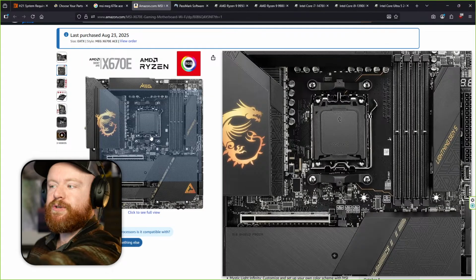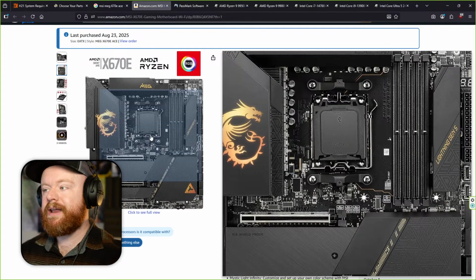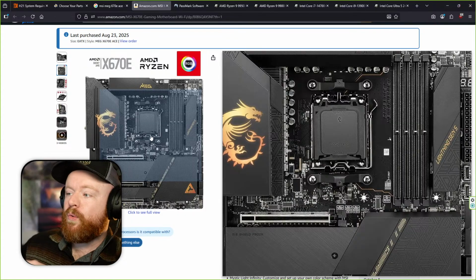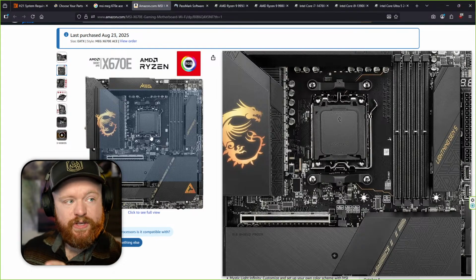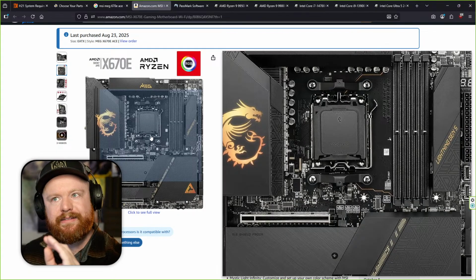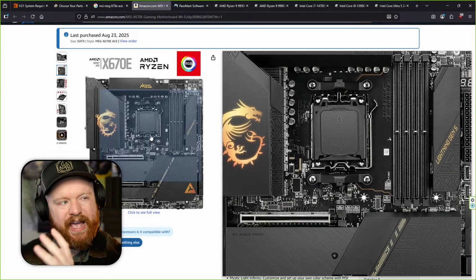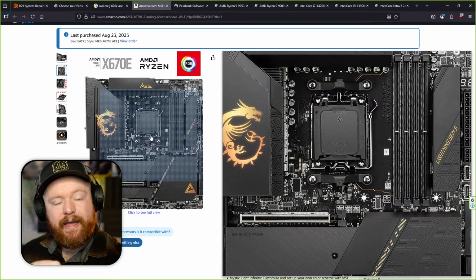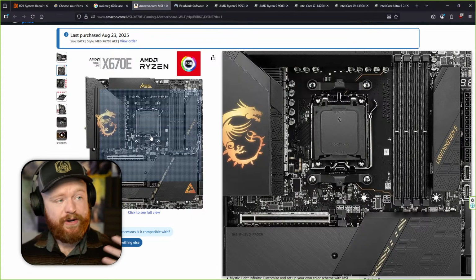Also, I have an M2 slot on the right there. On the right-hand side, you'll see that Lightning Gen 5. That's where my SSD goes into. And when that goes over to the CPU, that also has a dedicated lane. I believe that's a PCIe lane 8. It might be 8 or 16, I forget. But that all goes over to your CPU, and that is not sharing it with the GPU.